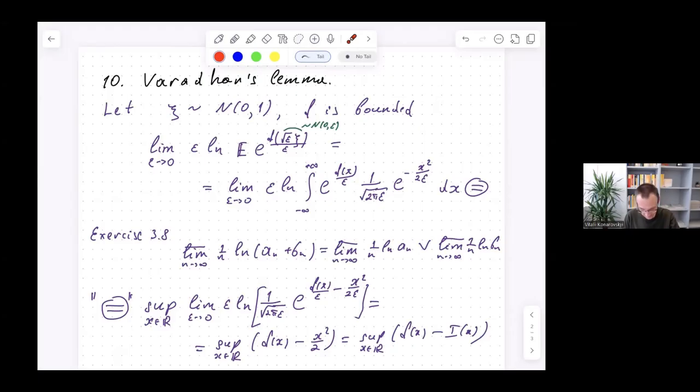And our next statement will be exactly about that. We will show that if functions f are continuous and also bounded above, then actually this equality is true.